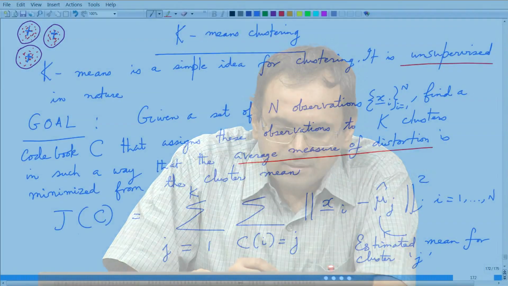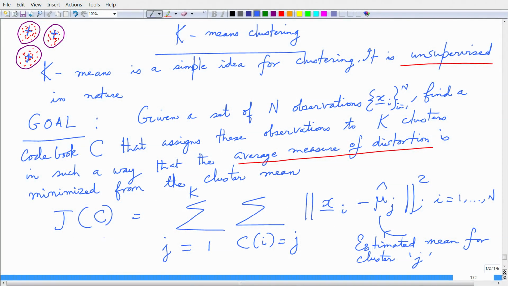Now, the cost J of C is given by this distortion function. So, what it means is simply the following: we have k clusters, that is j going from 1 to k, over which we have to compute the cluster variance or this distortion, and for every such cluster I will have a data point x_i which will be encoded to this cluster j, right.